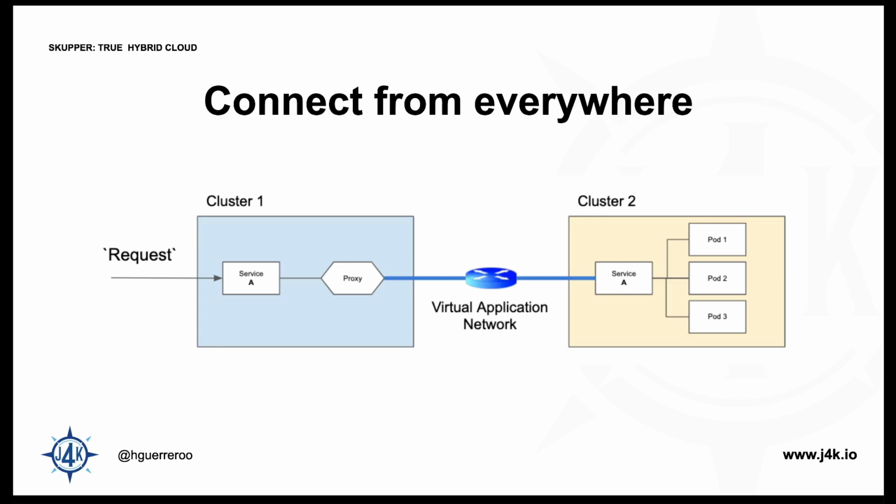The virtual application network takes that service that we want to expose and then projects a virtualized version of that service to all the different clouds that are connected to that exact same virtual application network, and creates all these services remotely that can be used as if they were local to our services.